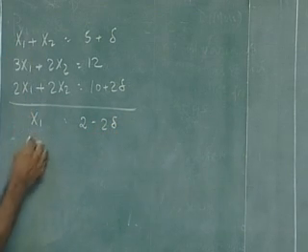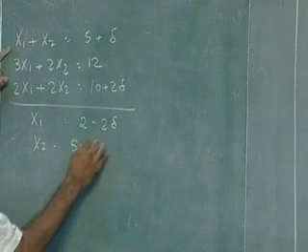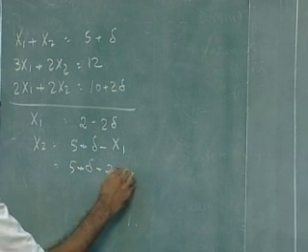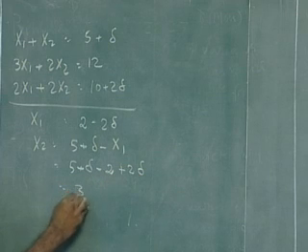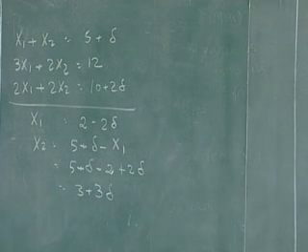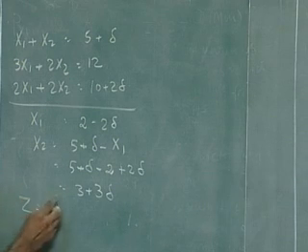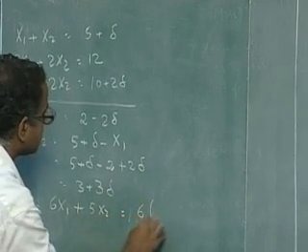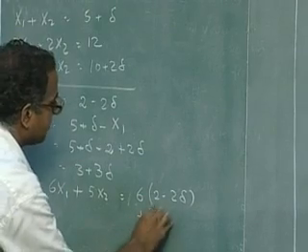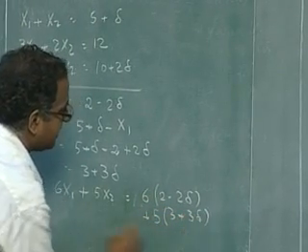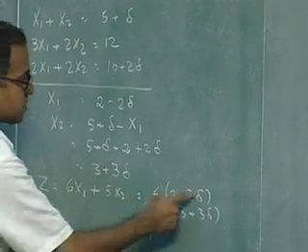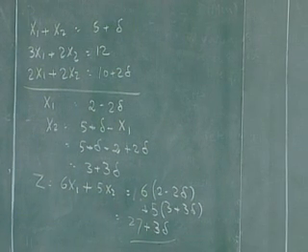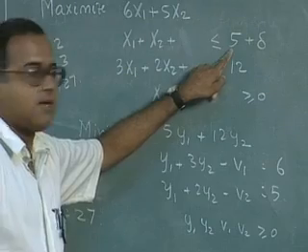Substituting, x2 is equal to 5 plus delta minus x1, this is 5 plus delta minus 2 plus 2 delta, which is 3 plus 3 delta, and z is 6x1 plus 5x2 equals 6 into 2 minus 2 delta plus 5 into 3 plus 3 delta, which is 27, minus 12 delta plus 15 delta, plus 3 delta.